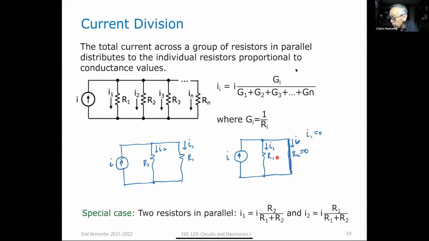Nothing passes through the middle. That's why we have this expression: current will always look for the path of least resistance. And when that resistance is 0, all the current will go to that path.